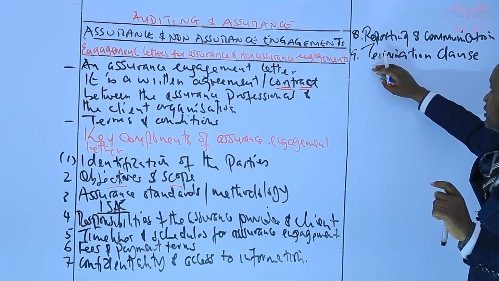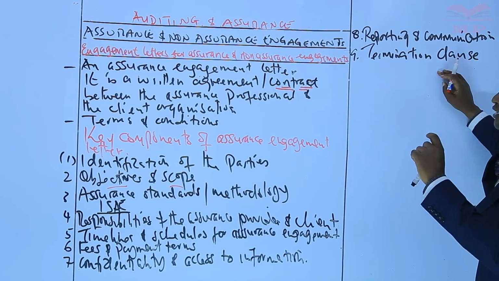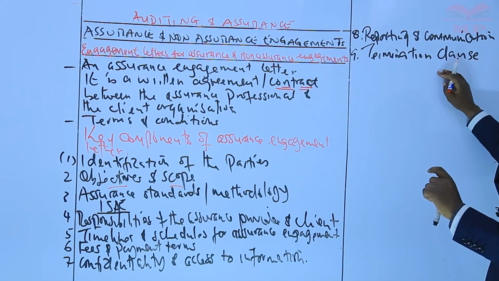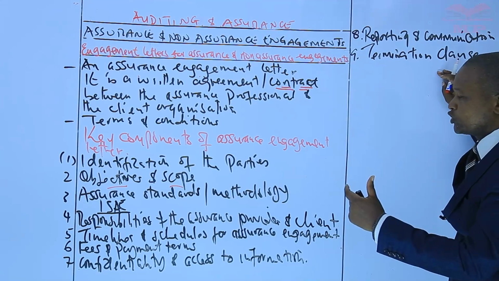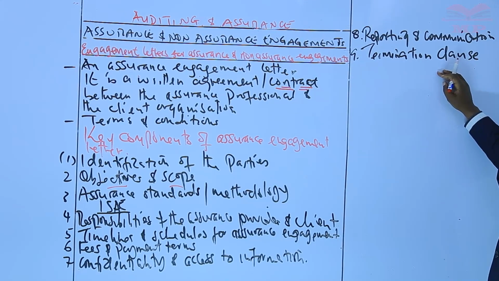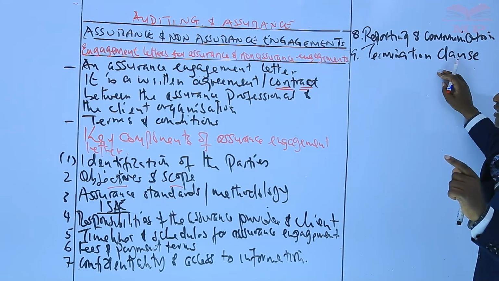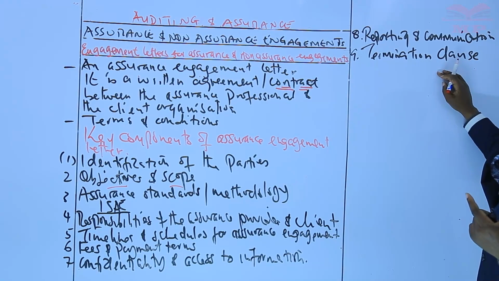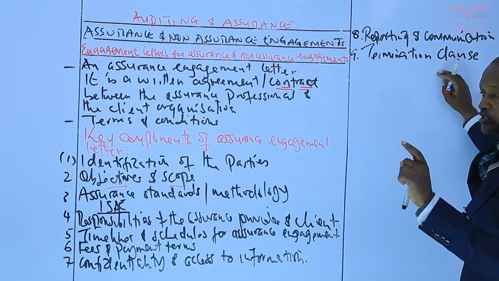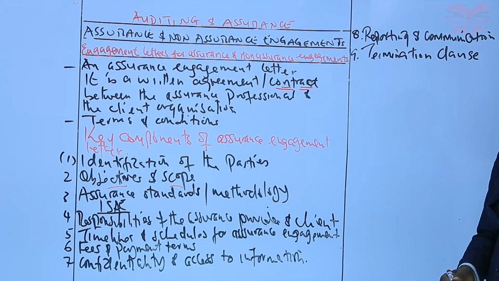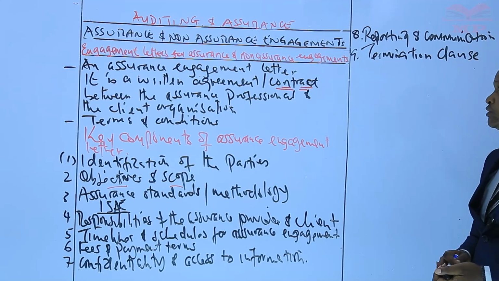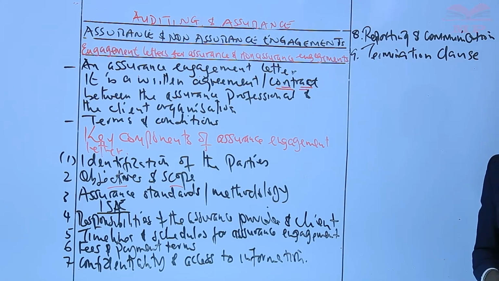So it has to be indicated in the contract itself. There ought to be also notice periods, such that a party cannot just wake up any day and terminate the contract. There has to be notice periods from either party of intention to terminate the contract.